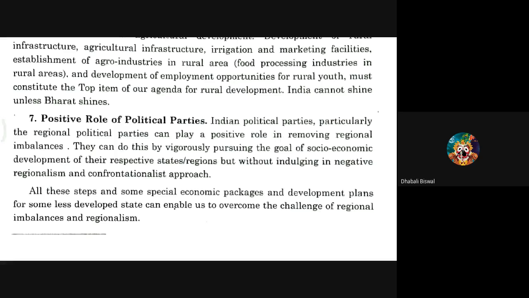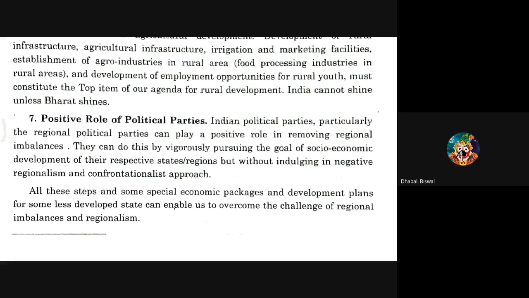So regional parties are also creating regional imbalances, and many states have seceded from the Indian Union through such political parties.